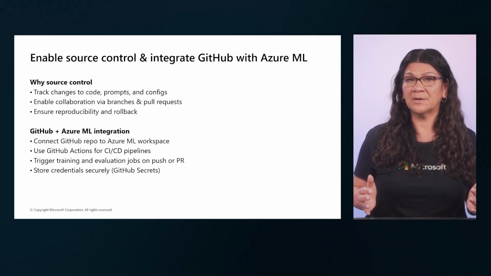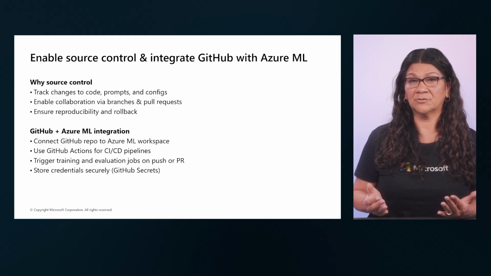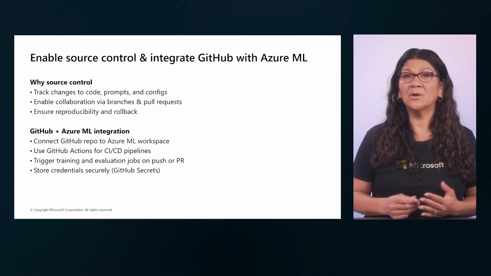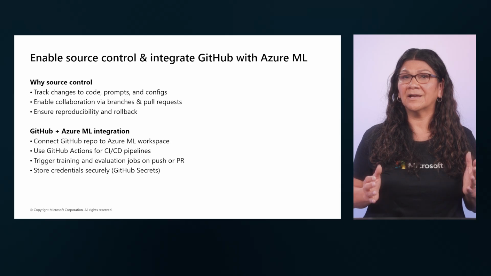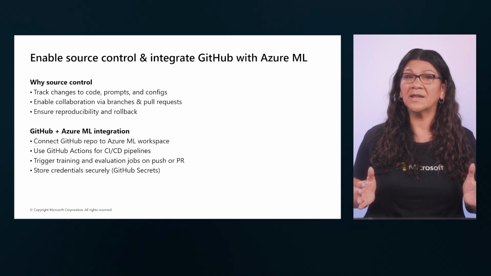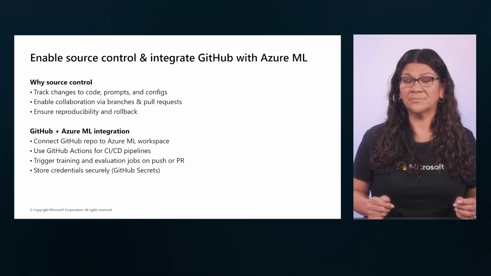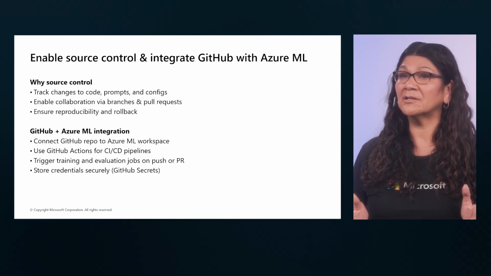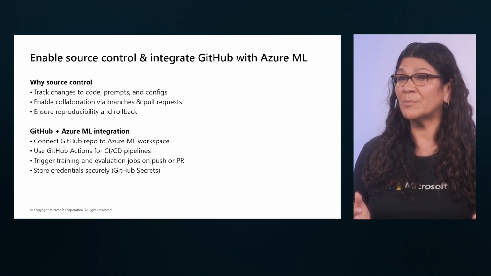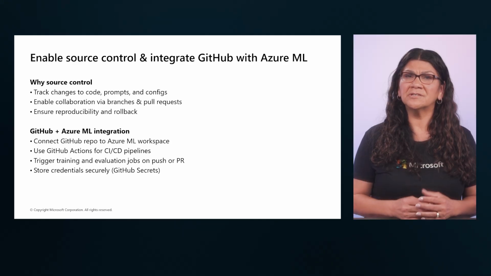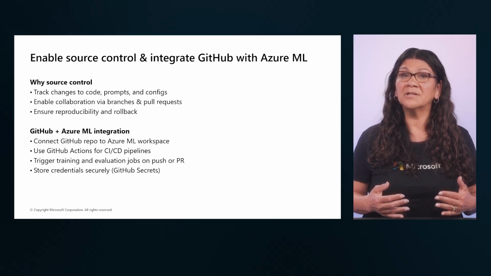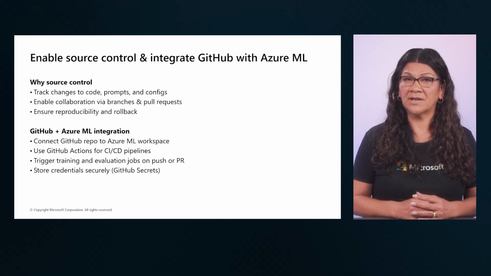This benefits a team that updates a model's training script in a GitHub branch. When the pull request is merged, a GitHub Actions workflow automatically runs a training job in Azure ML to validate the change. Consider keeping all ML code and configurations version controlled and connect repository events, push or pull requests to automated Azure ML jobs. This ensures experiments are reproducible, collaborative, and production ready.